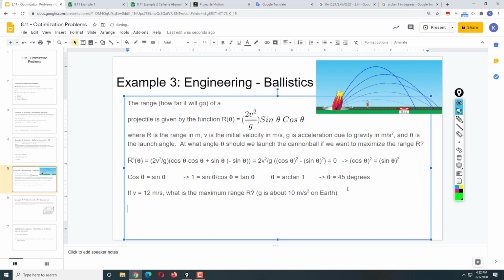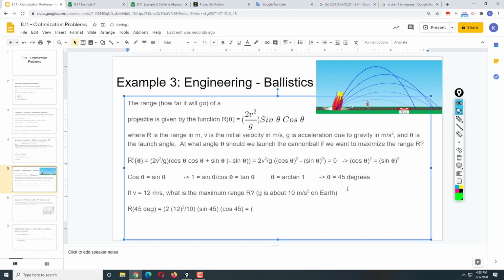If the initial velocity is 12 meters per second, what is the maximum range? g is about 10 meters per second squared on Earth. So we go back to R. We want 45 degrees. That's going to be 2 times 12 squared, just plugging in the v and the g now, divided by 10, times sine 45, cosine 45.